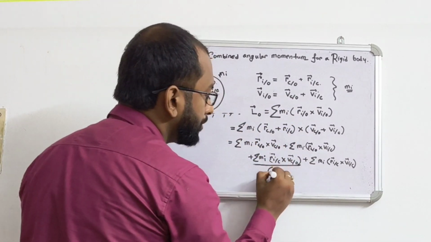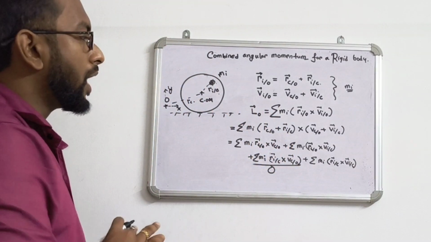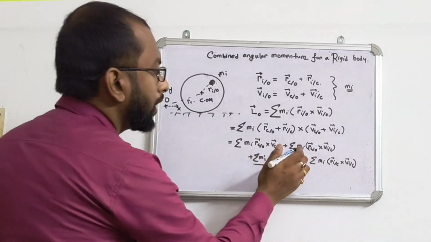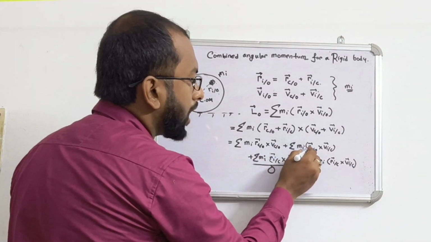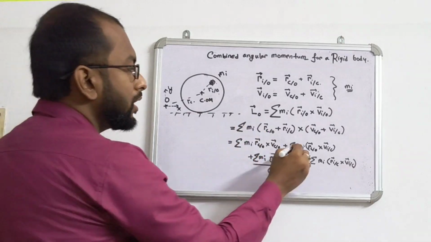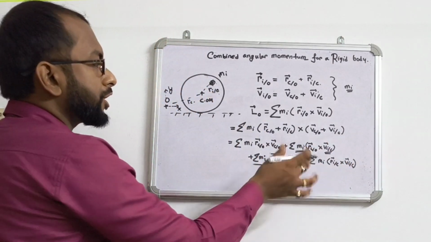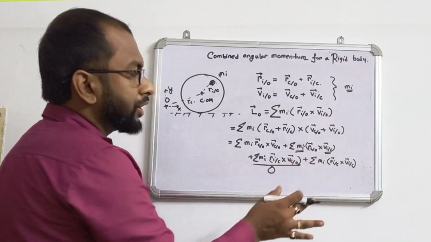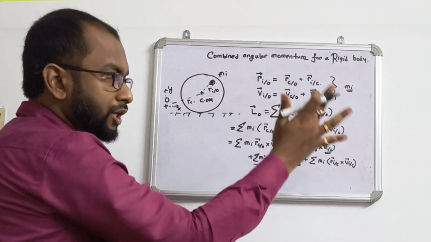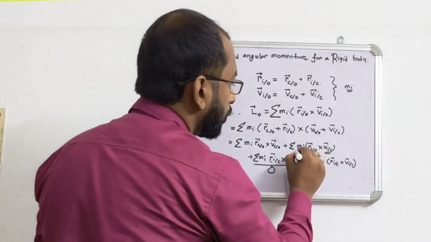So this term will be 0. Now similarly, I can tell that, see, this is MI, RC is okay, VI is there. So summation of all velocities with respect to center of mass is evenly distributed. So this term will also be 0.